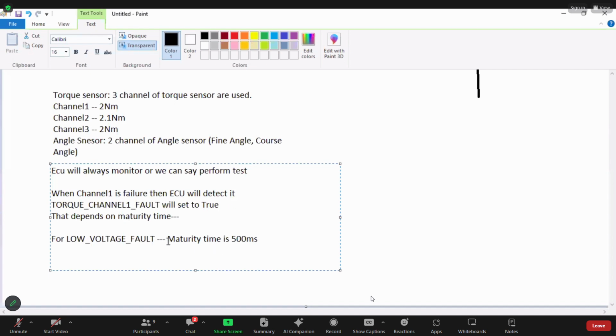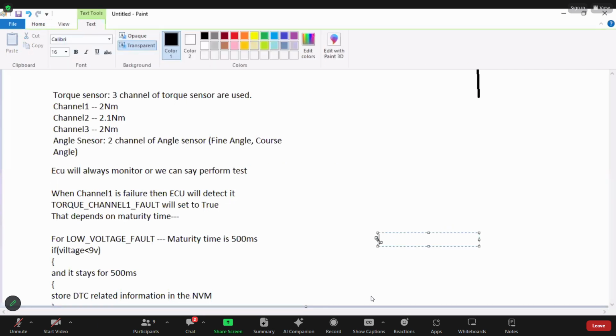So if the maturity time is 500 millisecond for the low voltage fault, and the ECU detected that voltage is less than 9 volt and it stays for 500 millisecond, then store DTC-related information in the NVM, non-volatile memory.